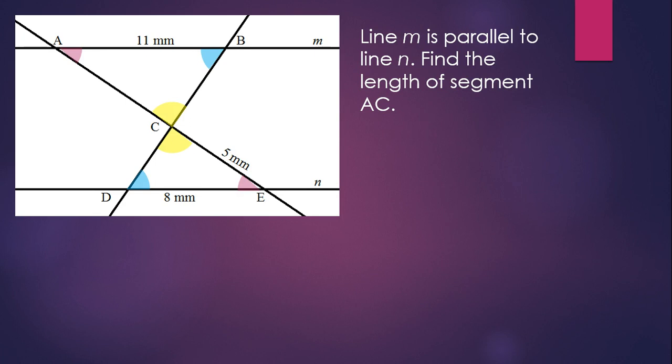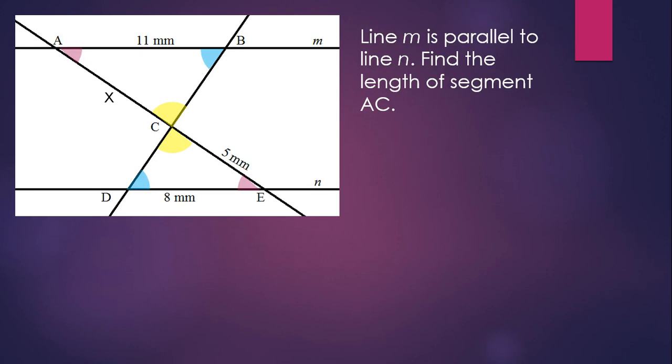The two yellow angles are congruent because they're vertical angles. So what we have is two triangles that have corresponding angles that are congruent, which would make them similar triangles. And that would mean that corresponding sides would have to have lengths that are proportional.